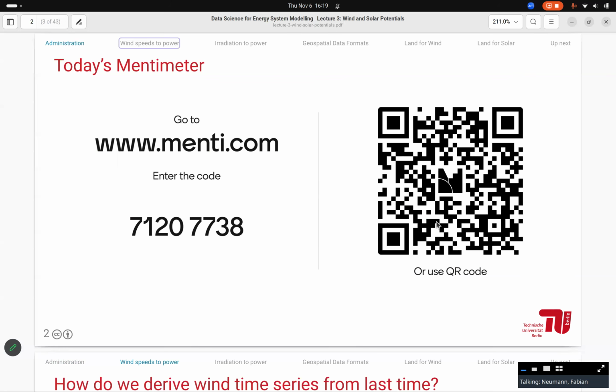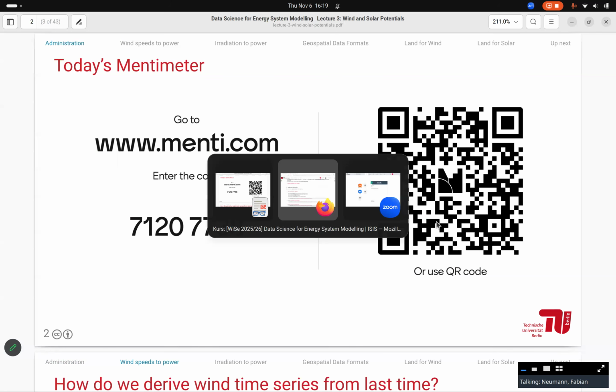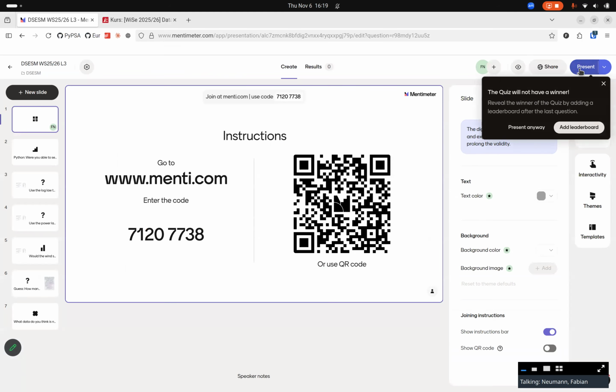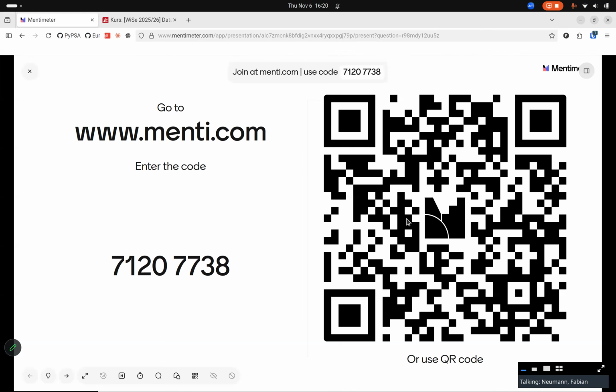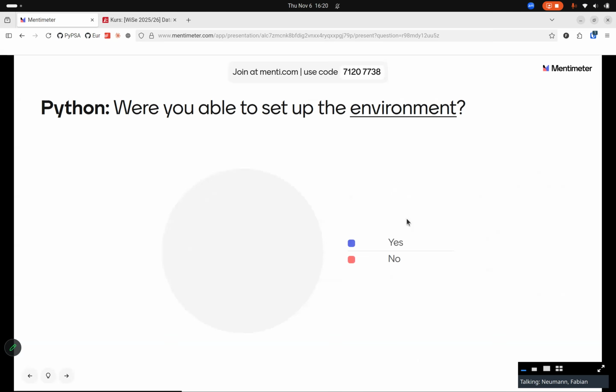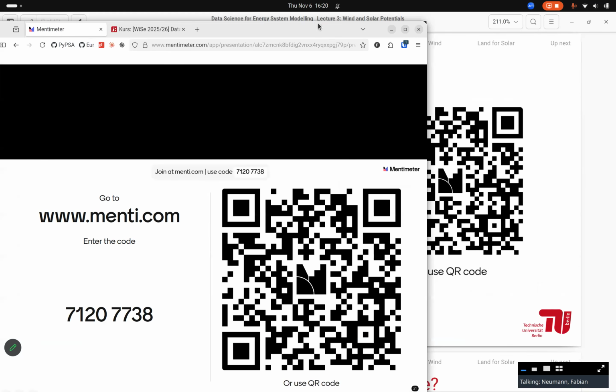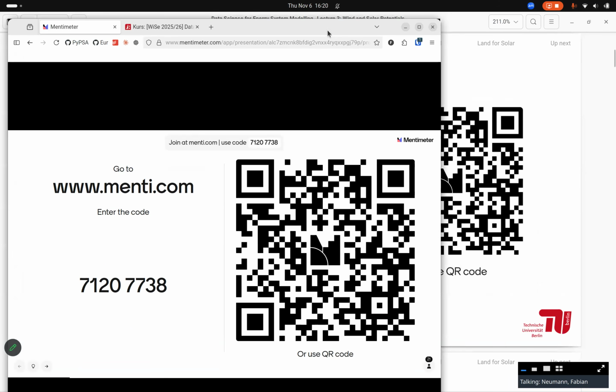And there's going to be one first question that is not related to this lecture, but it's related to your progress in setting up the Python environment. So maybe I'll give you 10 more seconds to enter or photograph the QR code. I'm not sure, we had this problem last time, right? That it wasn't possible.